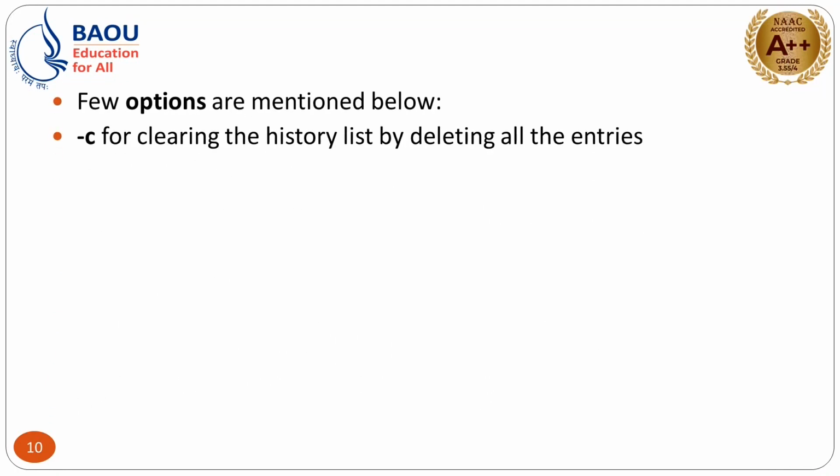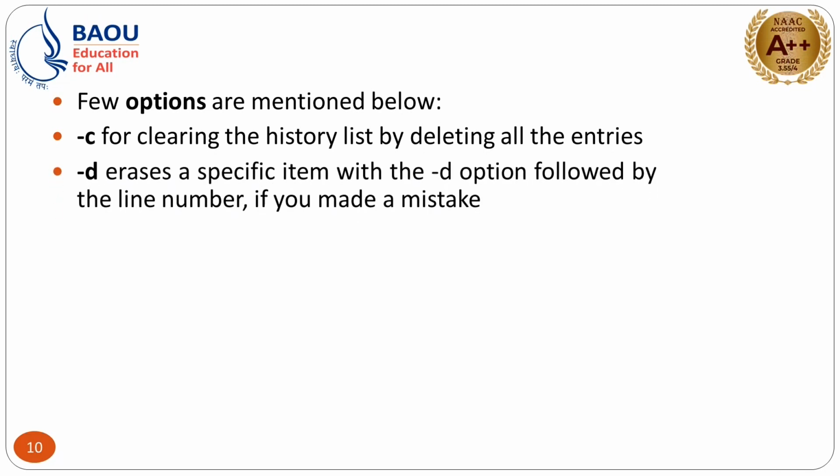First is the -c option. The -c option is used for deleting all the history. If you want to clear the history, you can use the -c option. Then the -d option: if you want to erase a specific history entry, you use the -d option, and you have to mention the particular history number.